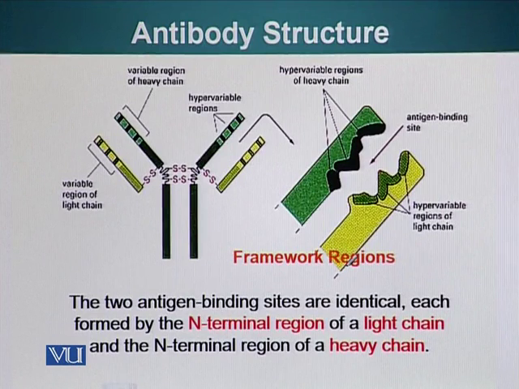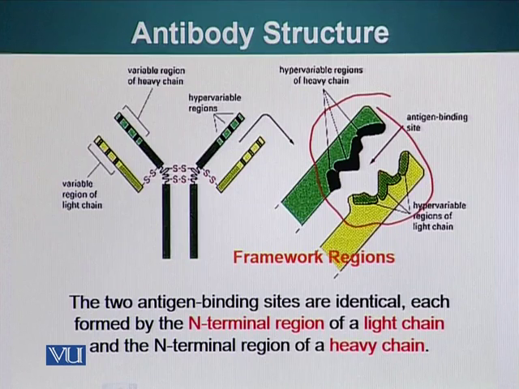Here's the antigen binding site, and this antigen binding site has a specific 3-dimensional shape. Only antigens that can fit in this shape will be able to interact with this antibody, or vice versa. The rest of the region of the antibody is the framework region, which is holding this antigen binding site.